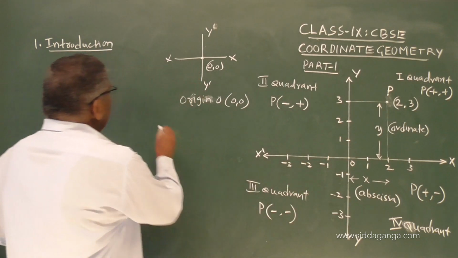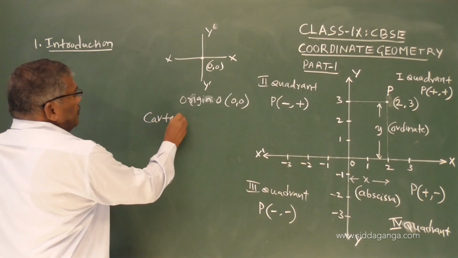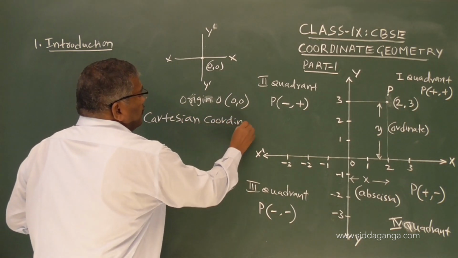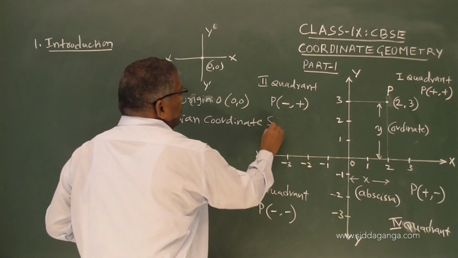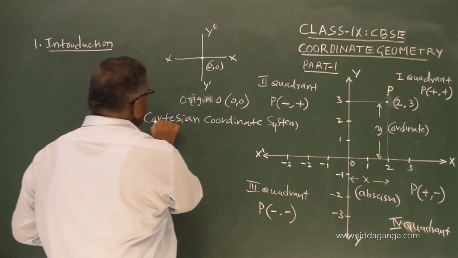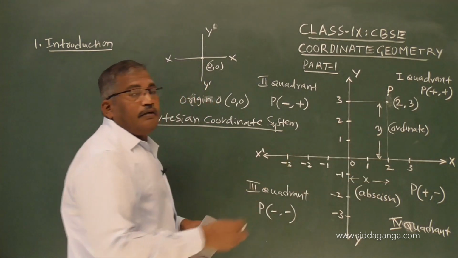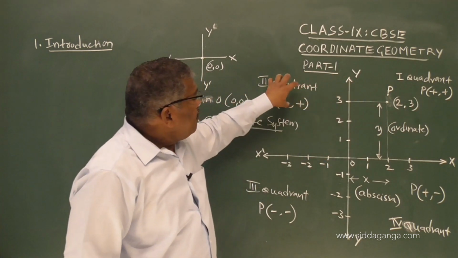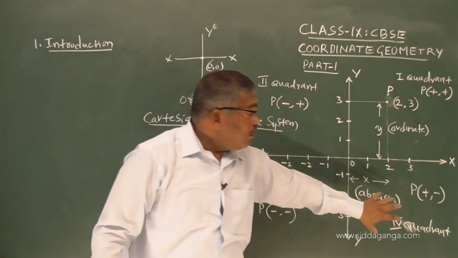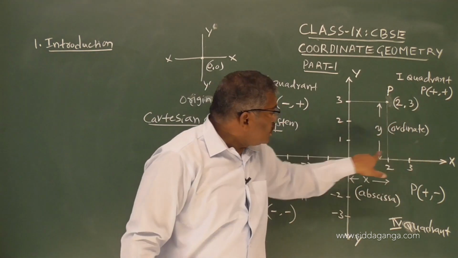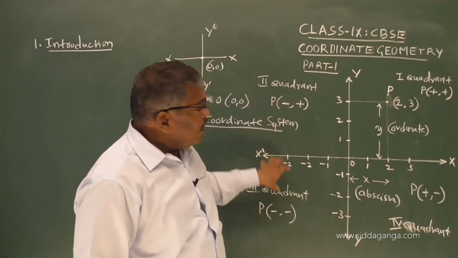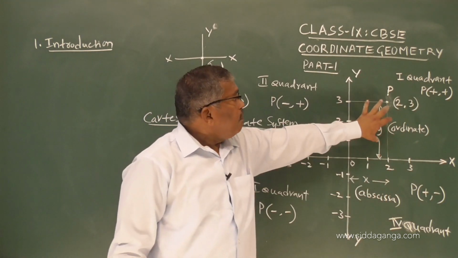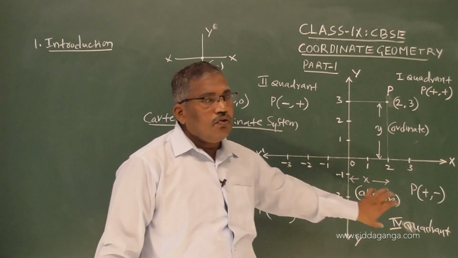The Cartesian coordinate system means this entire thing, the x-axis and y-axis, first quadrant, second quadrant, third quadrant, fourth quadrant, commencing from XOY in the anti-clockwise direction. Remember, you should not put the first quadrant, second quadrant below.